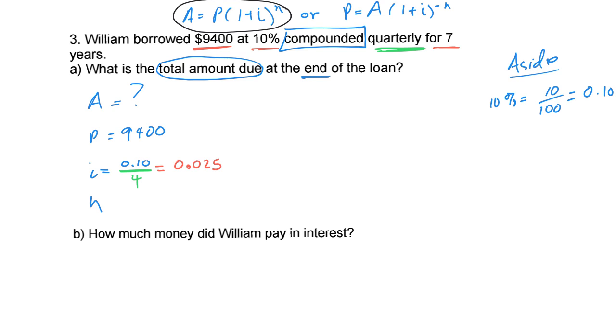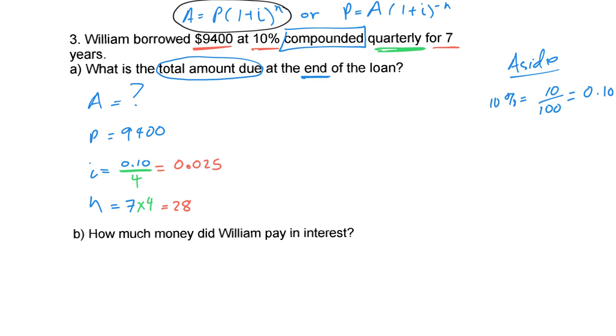You could also leave that as a fraction, but I like to put it as a decimal. Next is N. N happens for 7 years, but because we're compounding quarterly, we must multiply the number of years by 4. So you're going to end up with 28 compounding periods.